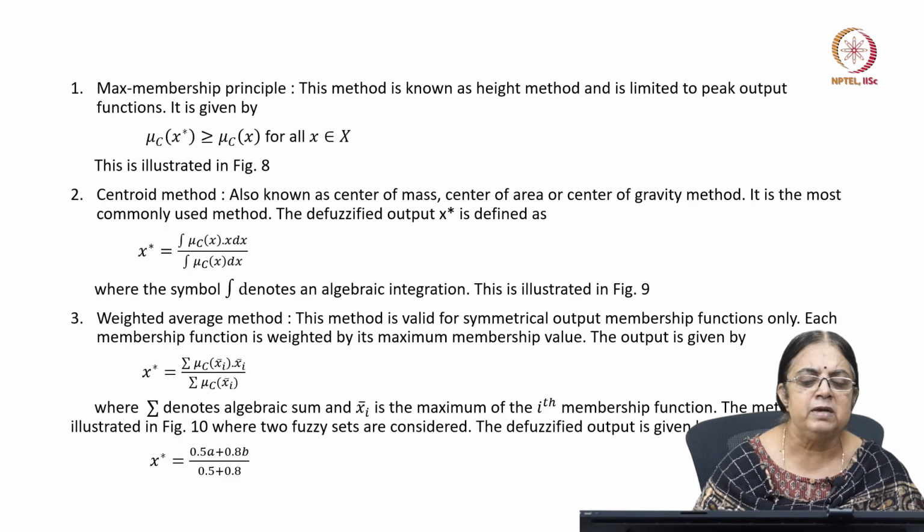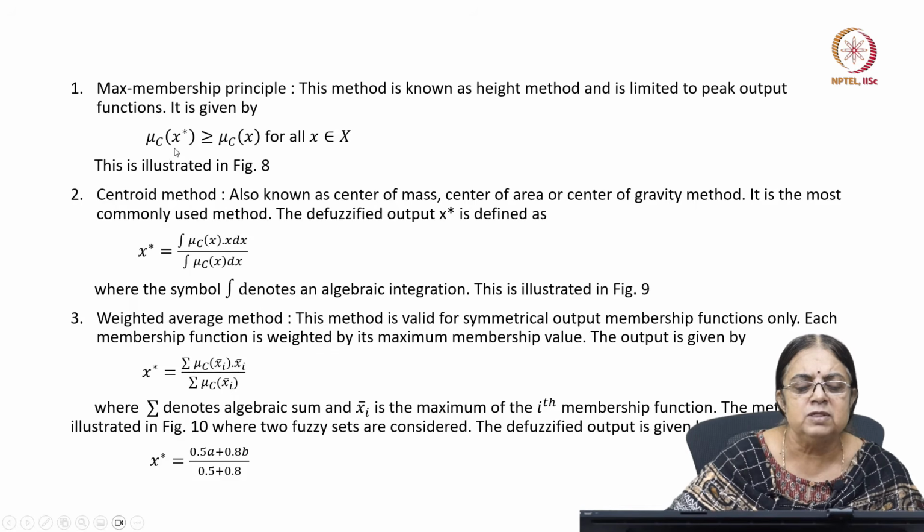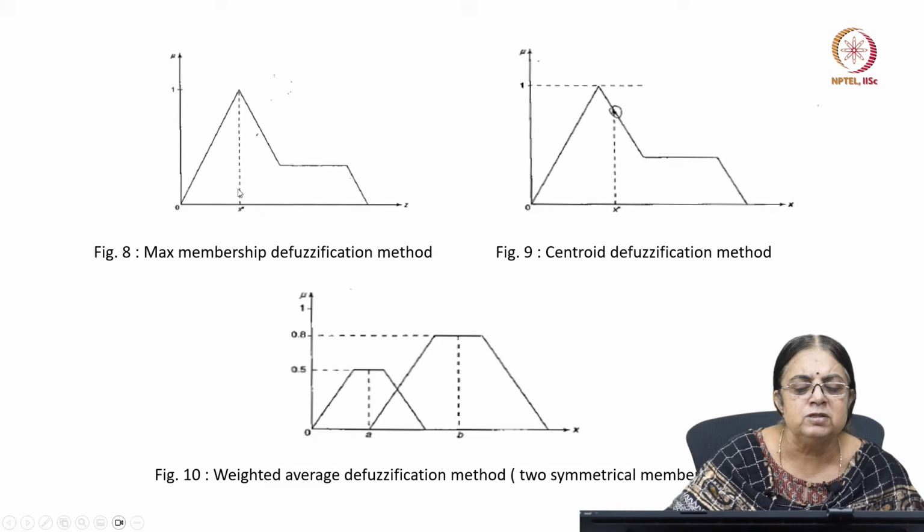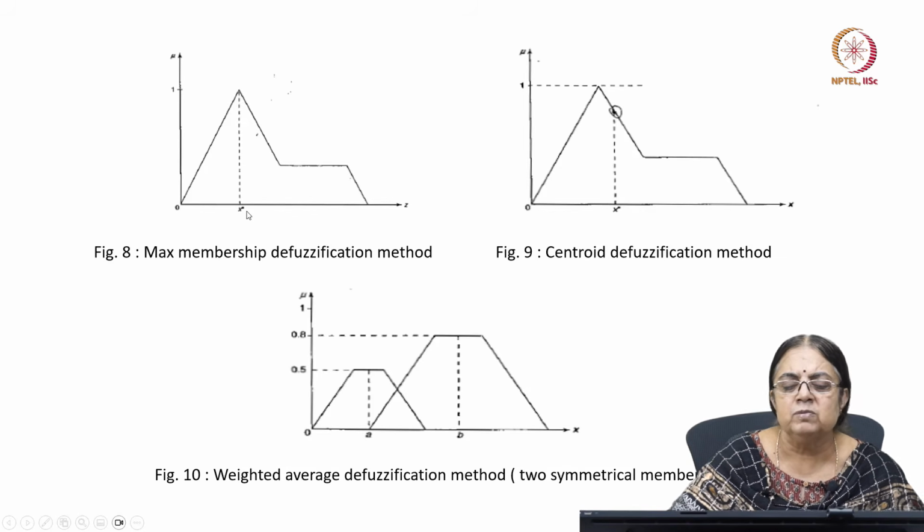You are representing this entire membership function by that particular membership value, so mu c of x bar is greater than or equal to mu c of x, the one which gives you the maximum. If we look at this particular membership function, the output you are getting is x bar, x star here. So x star is the one which has the maximum membership value over here.